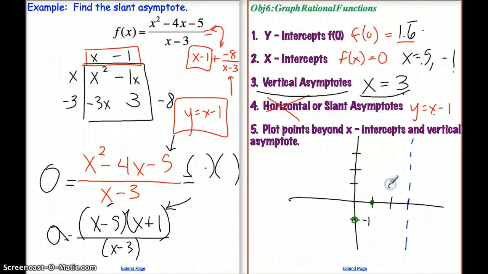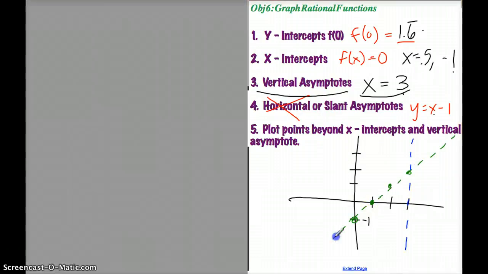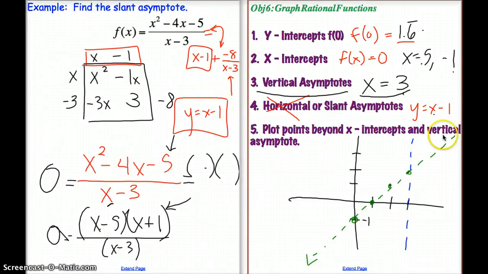Make a nice sketch. So there's my slant asymptote. Now remember, these things can be crossing the asymptotes. The key thing here is what's happening as x gets to infinity and negative infinity. So we're really worried about what happens when we get extremely small. What happens as we get extremely large? And apparently this graph will border these two asymptotes.